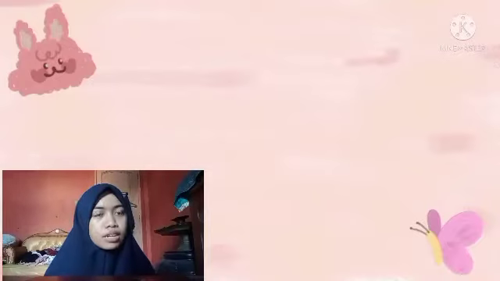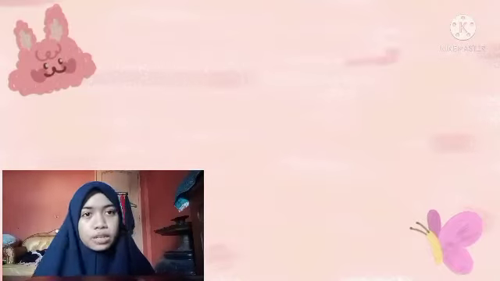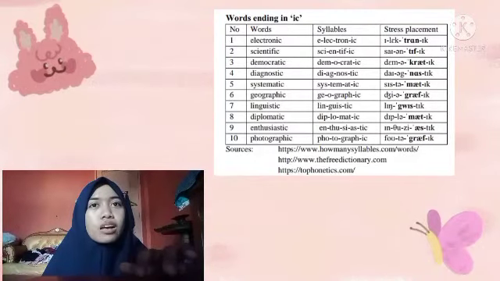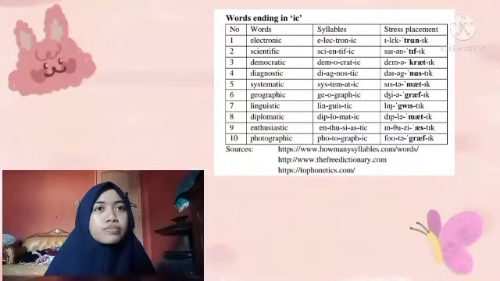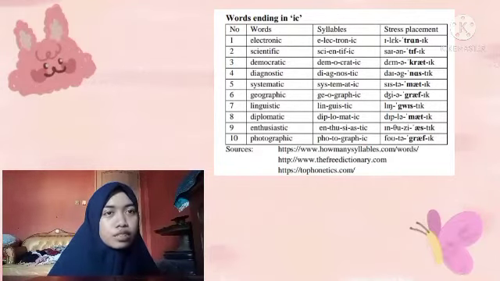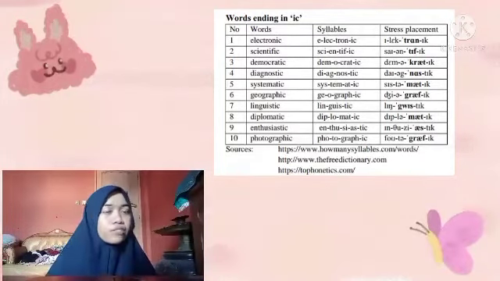Words ending in ic, sion, tion, the stress is on the syllable before the ending. Examples of words ending with ic, like electronic, scientific, democratic, diagnostic, systematic, geographic, linguistic, diplomatic, enthusiastic, photographic.